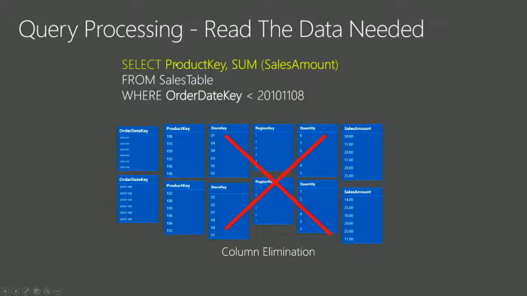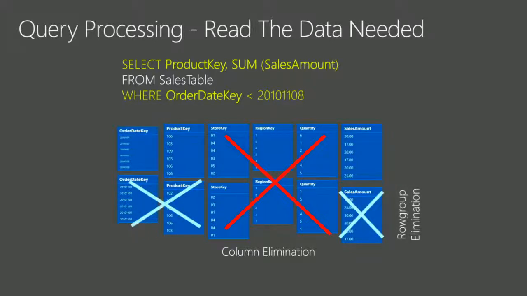Now the second thing I see is that the order date key is less than a certain date. And notice there are 2 row groups, right? SQL Server maintains, I'm not saying it well, a min and a max of the range of the date for each segment. So imagine for this one, it finds out that only this row group meets that.